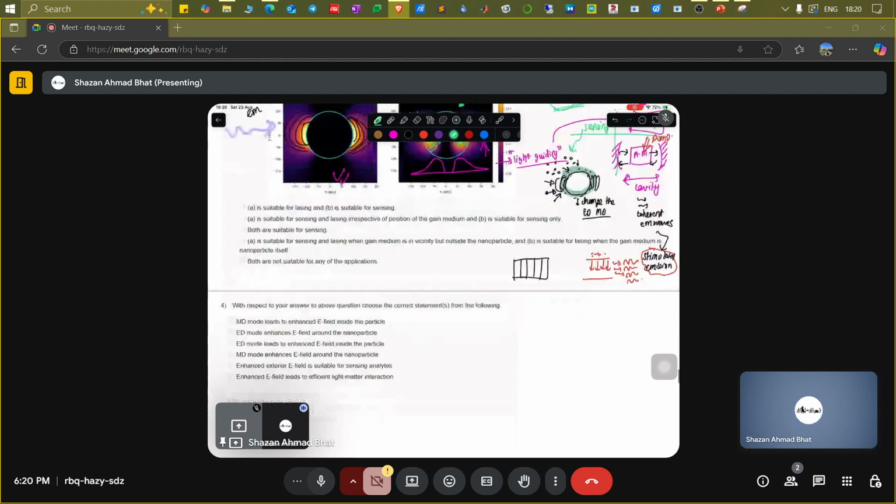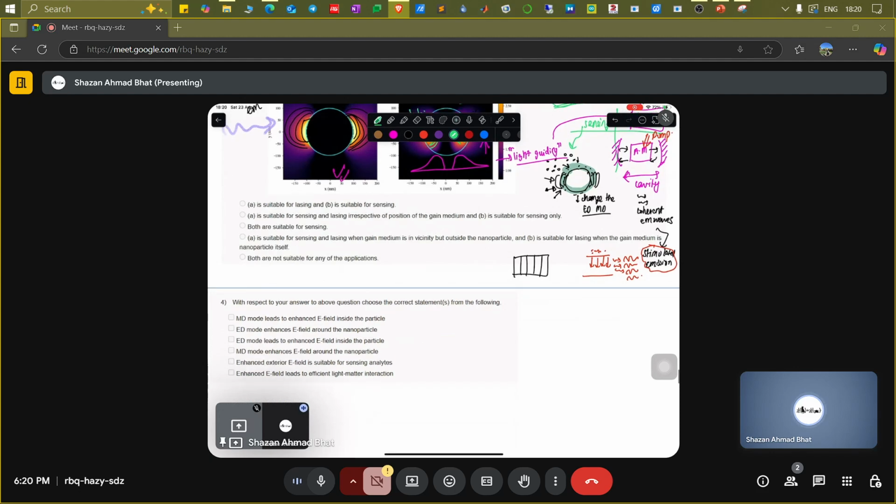That's as simple as that. So A is suitable for sensing, and also for lasing when the gain medium is in the vicinity but outside the nanoparticle. Yeah, that makes sense. And B is suitable for lasing when the gain medium is the nanoparticle itself. That is what I talked about.